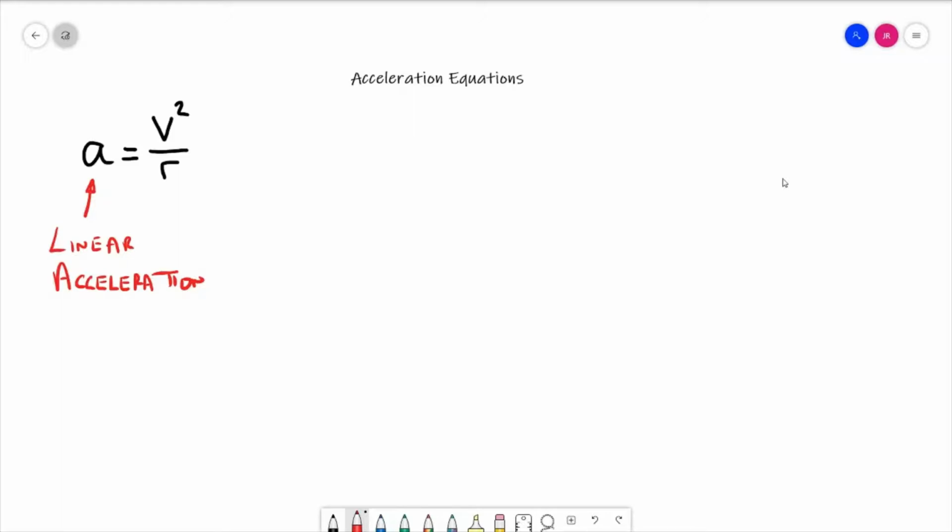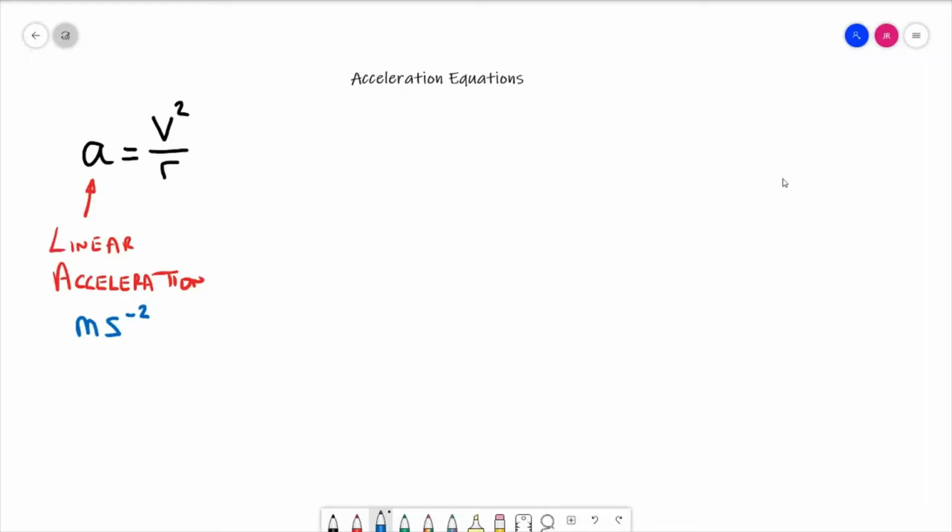This is not an angular acceleration. This is a linear acceleration. It therefore takes the unit of linear acceleration, which is metres per second squared. Please make sure that you understand that this is metres per second squared and not radians per second squared. We don't study angular acceleration as part of our course this year.